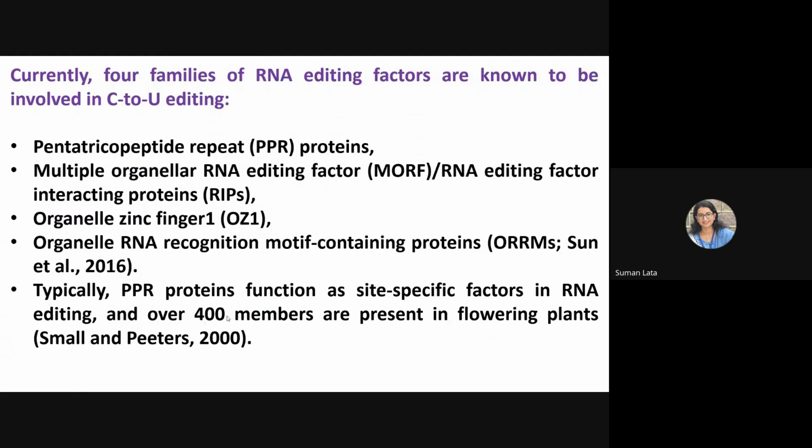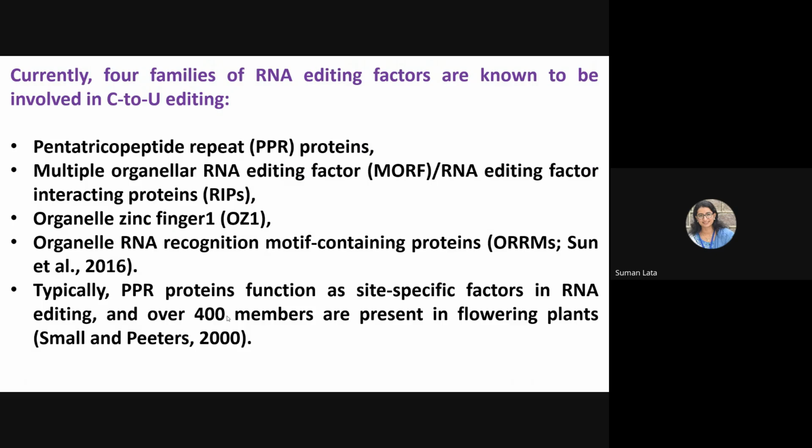Then there are RNA editing factors which are involved in C2U editing. These are the different RNA editing factors, like PPR proteins, multiple organelle RNA editing factors, or organelle zinc fingers, which can do C2U editing.